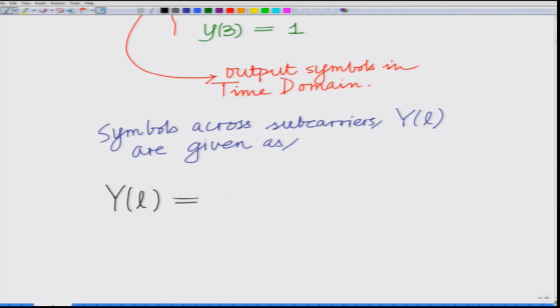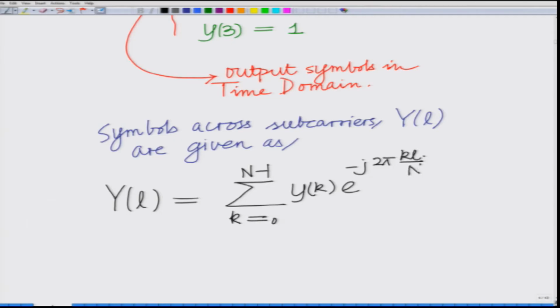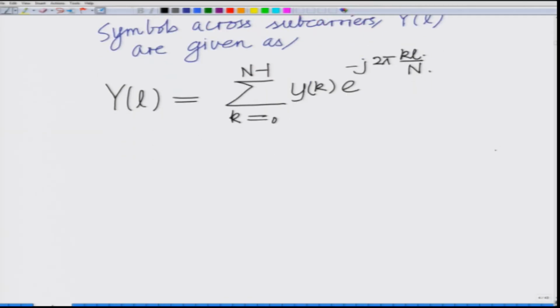Y_L equals, this is simply the FFT, the summation k equals 0 to n minus 1 of y_k e power minus j 2 pi k L by n, and this is the expression for a general FFT of length n.